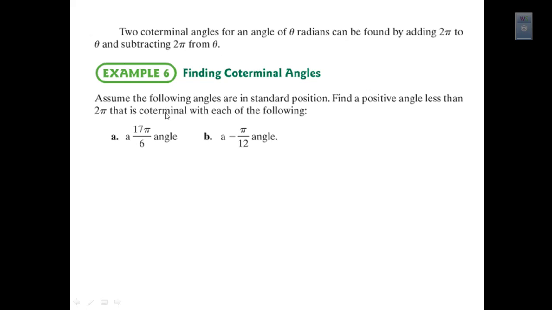Now, coterminal angles can be found with radian measures by adding or subtracting 2 pi. In this case, you're going to have to deal with fractions a lot of times. And remember, if you're dealing with fractions, the only way you can add or subtract is if you have common denominators. Okay, if you do not get common denominators, you are going to get the wrong answer.